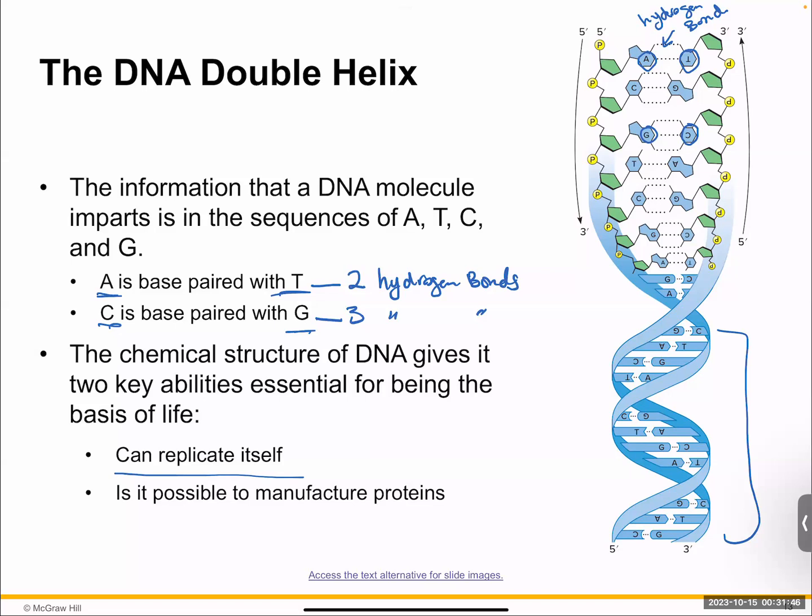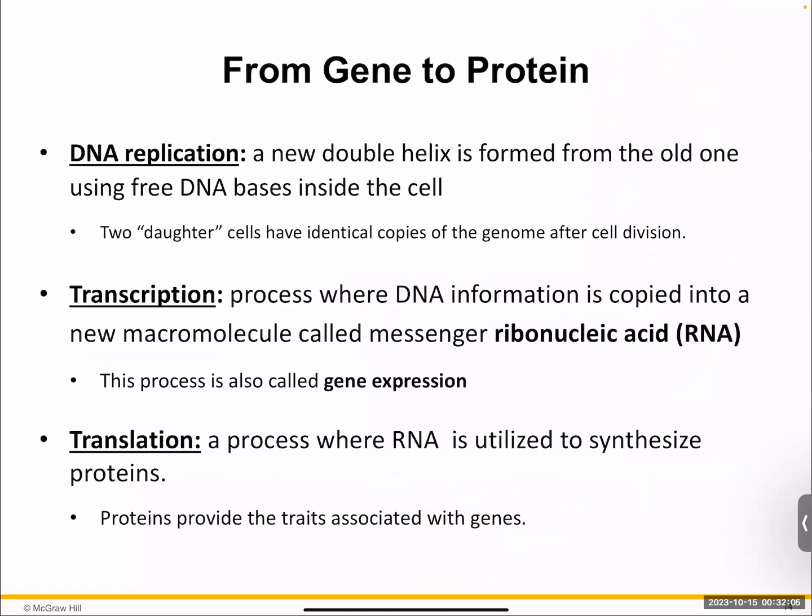And using that genetic information, you can synthesize your proteins, which are basically your workers, right? These are your workers. They are the ones that carry out functions inside your cell. So you have to remember that. I'm going to keep reminding you of that.